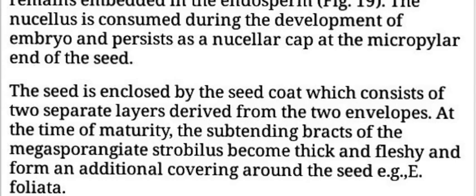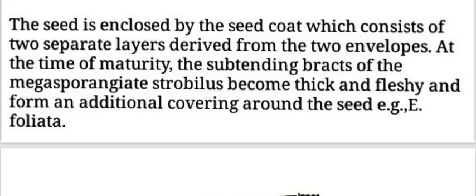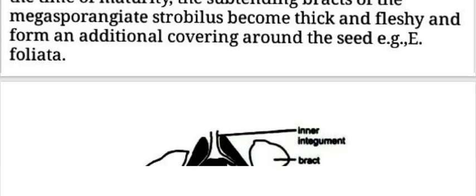And when the seed is mature, the subtending bracts of the megasporangiate strobilus become thick and fleshy, and these also form an additional covering layer around the seed, as in Ephedra foliata.